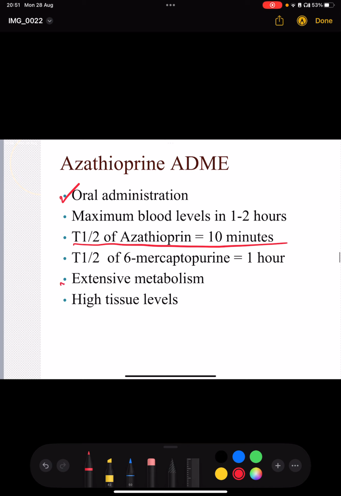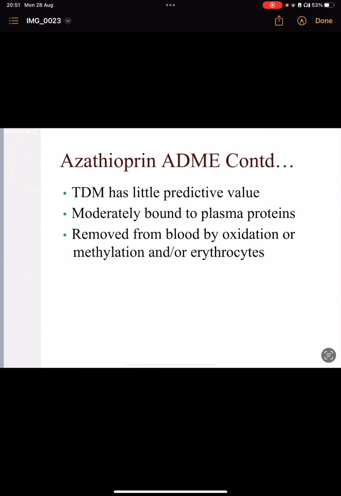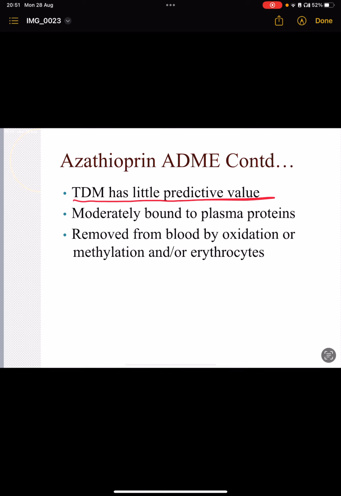Extensive metabolism, high tissue levels, high volume of distribution. TDM has little predictive value, so don't do TDM for azathioprine, but you should do TDM for everolimus. It is moderately bound to plasma proteins and removed from blood by oxidation or methylation and or erythrocytes.